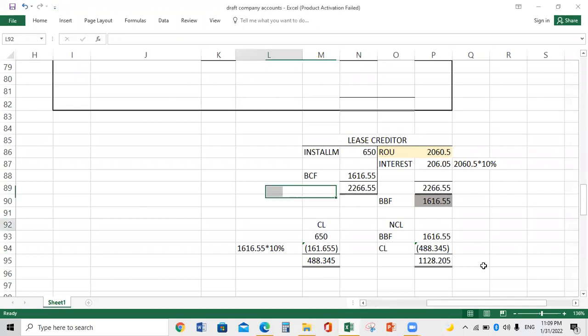Najma, I have shown here. If you have paid the installment, that means you have already paid the interest, because the installment includes the lease amount and the interest. Are you clear? Okay. Now let's go to the next adjustment.